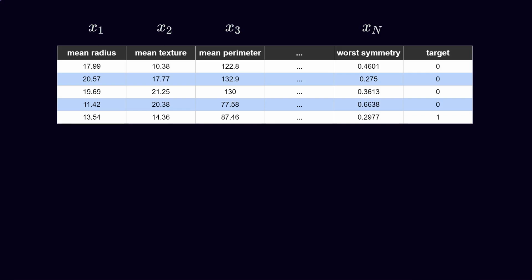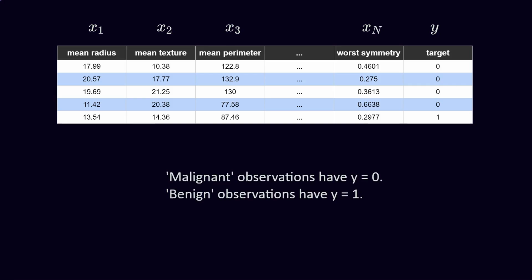There is also a variable labeled target in the dataset, which specifies to which binary target class, malignant or benign, each observation belongs. We label this variable as y, and y is usually also called the dependent variable. In this dataset, 212 observations are malignant and 357 are benign.